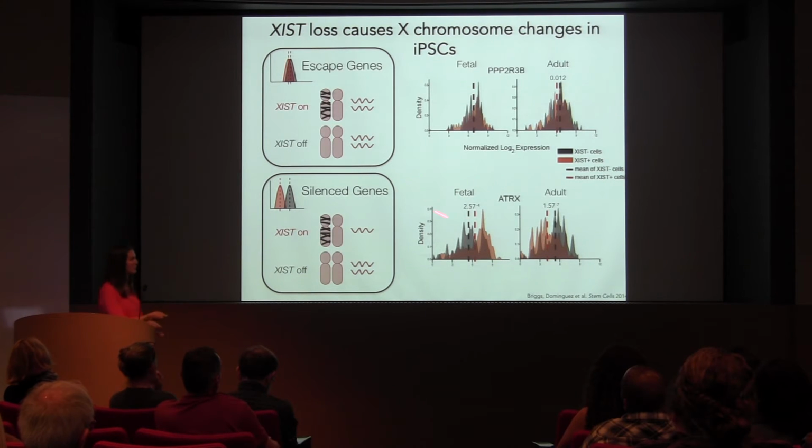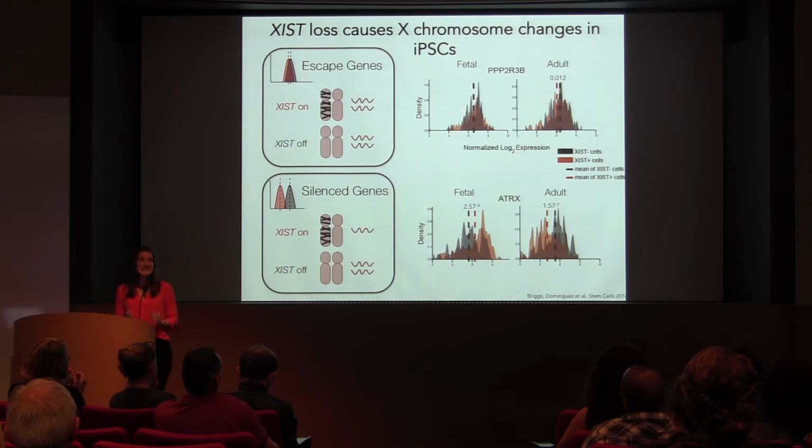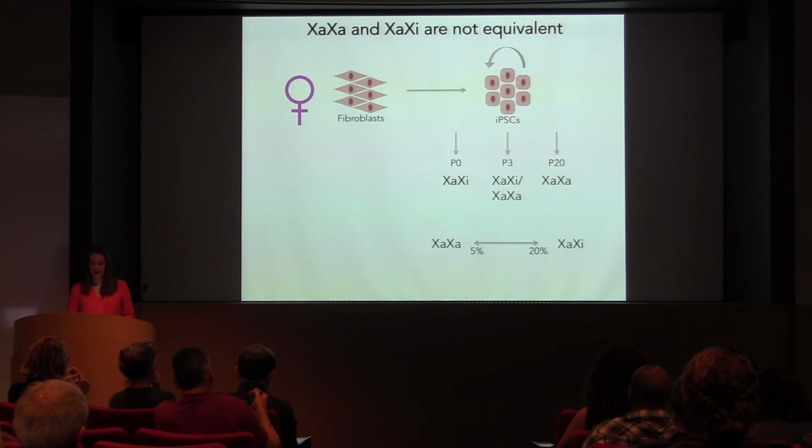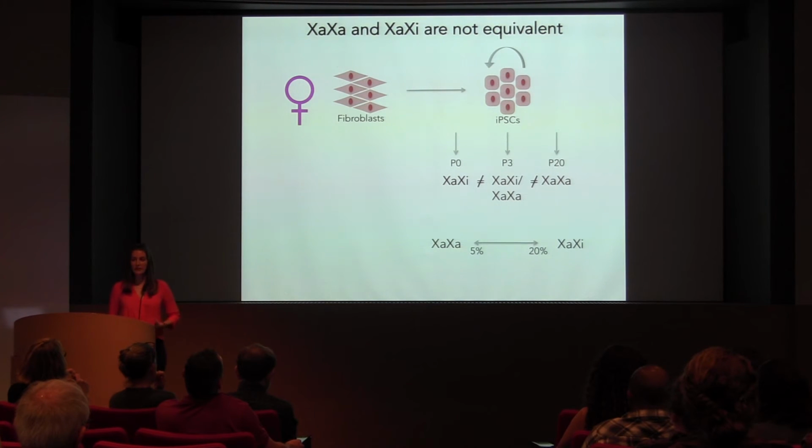However, it's a little bit problematic when you then look at the fetal cell line, because while there is a statistically significant difference, the relationship is opposite. Our XIST negative cells, which should have higher expression, actually have less expression. So this was a little bit puzzling, and what we could say is that we know these states aren't equivalent because we can see differences in gene expression based on whether XIST is on or off.